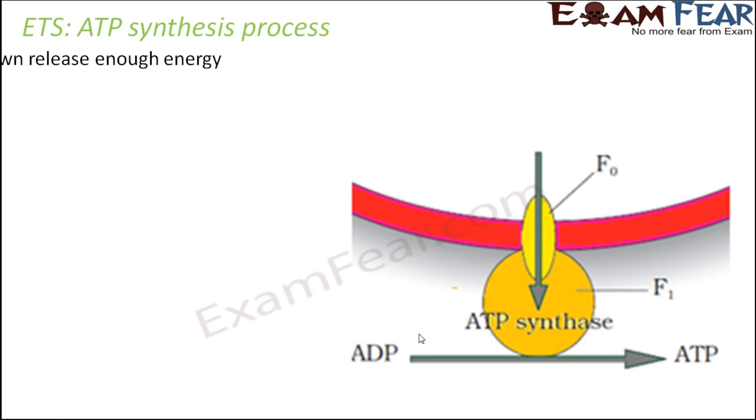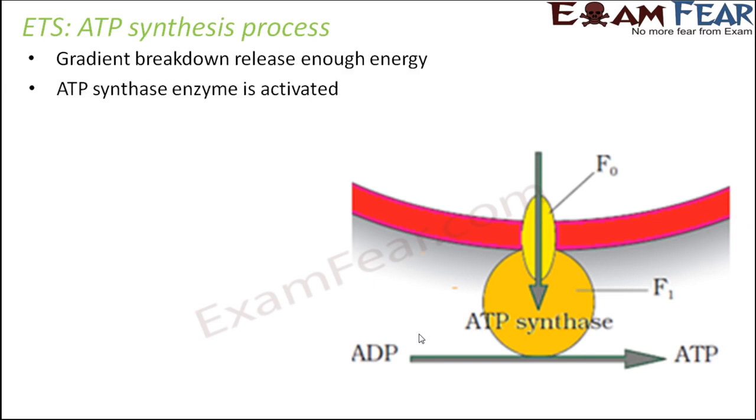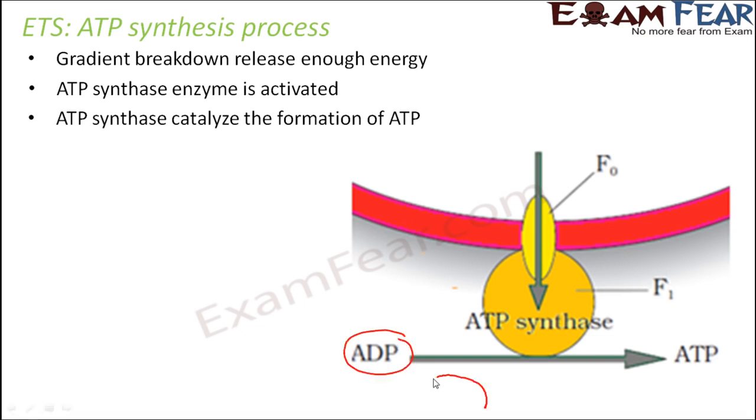Let us look at the ATP synthesis process. The gradient breakdown releases enough energy, the ATP synthase enzyme is activated, and ATP synthase catalyzes the formation of ATP. As I said, ADP will take one inorganic phosphate and add on to it to form ATP.